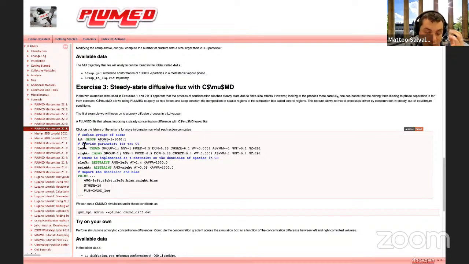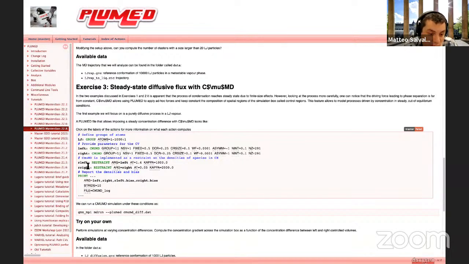The left action defines a region on the left side of the simulation box, while the right action defines a region on the right end of the simulation box. These two actions count the number of particles that end up in these regions.